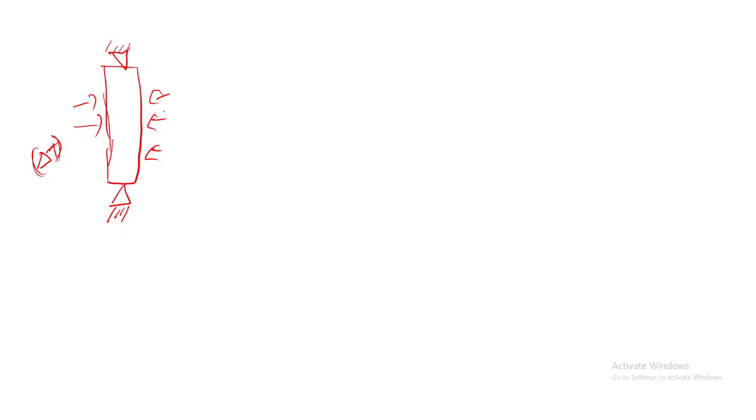What is the buckling load for this? Imagine this as a circular cross-section. So P is pi square E I min, where I min is pi by 64 d power 4, divided by n L square.